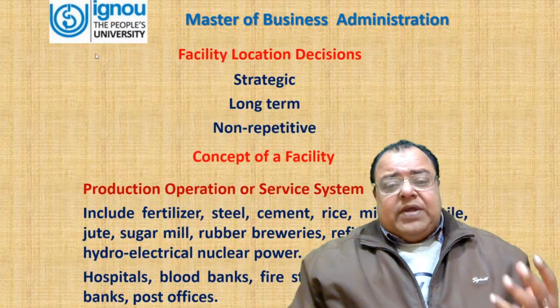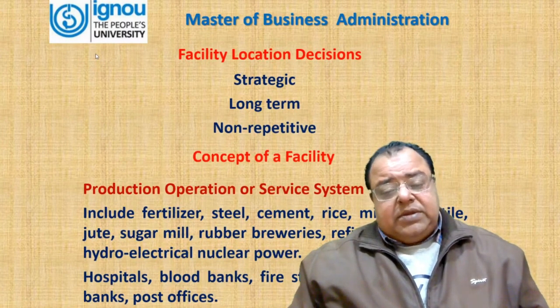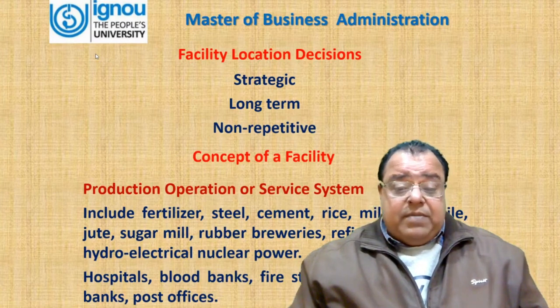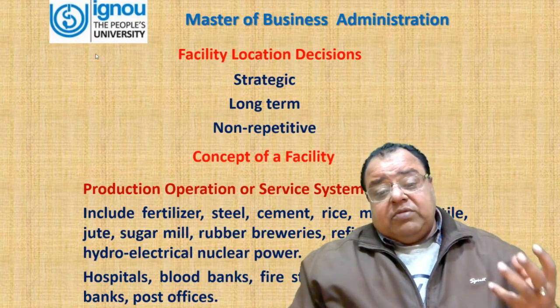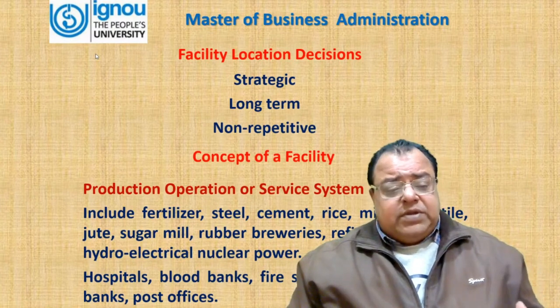As far as facility location decision is concerned, it is strategic in nature, it may be for long term, and it's non-repetitive. And we have to see the concept of a facility: production operation or service system.